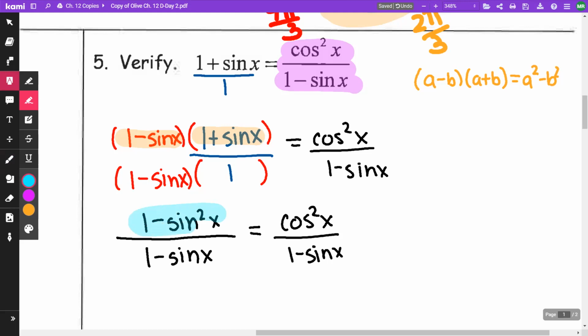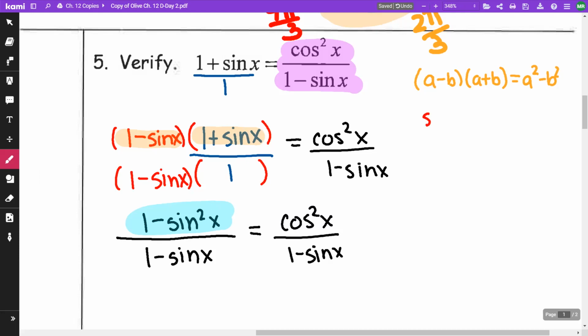Now, this right here, I'm going to try to make it become this. So I've got to figure out how I can do that. What I do know is that 1 minus sine squared x is making me think of the following: sine squared x plus cosine squared x equals 1. That's one of the Pythagorean identities.